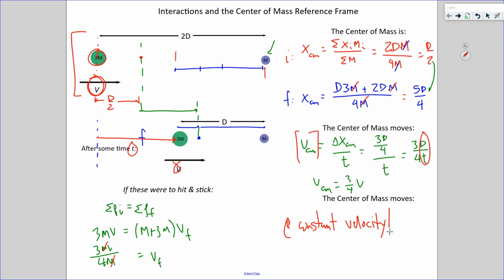And for that reason, we can kind of do this to find a system's center of mass velocity at any instant. All right, what we're really doing is we're saying, here's where the center of mass is. If we say that the velocity of the center of mass is the change in position of the center of mass per unit time, well, that's the sum of all these over the sum of all the m's.